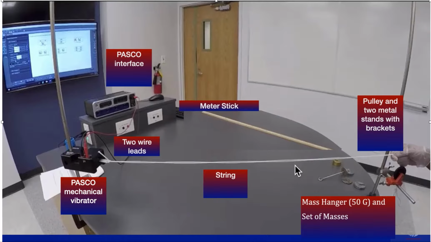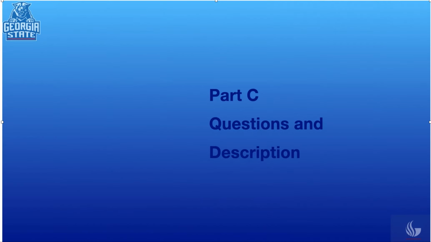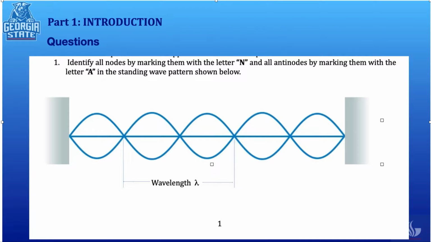So before proceeding towards the practical performance, let's move towards the part C, which is the questions and the description. From part 1 of the lab manual, the first question is: identify all nodes by marking them with the letter N and all anti-nodes by marking them with the letter A in the standing wave pattern.